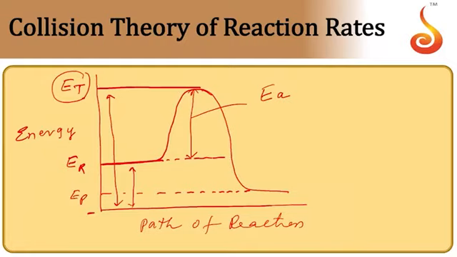So Ea is equal to ET minus the energy of reactants. This difference between the energy of products and energy of reactants can be taken as delta H also. If it is a backward reaction, then these become the reactants and those the products. So this is the energy diagram to understand energy of activation, threshold energy, energy of reactants, energy of products, and delta H of the reaction.